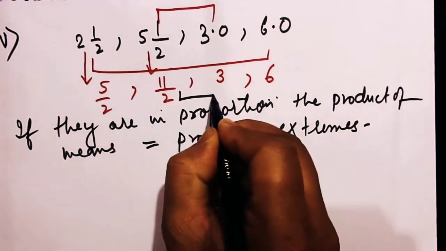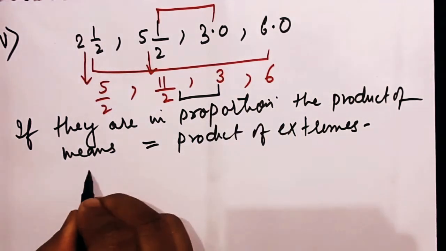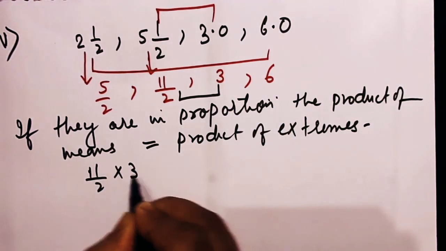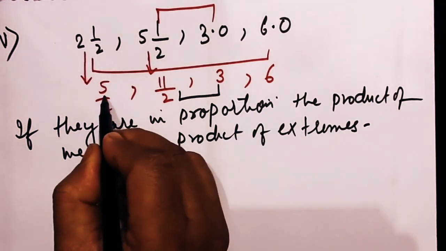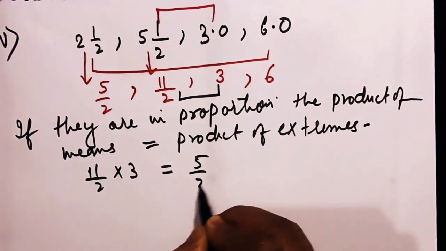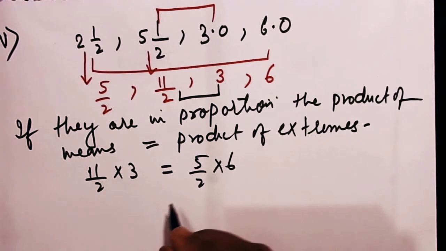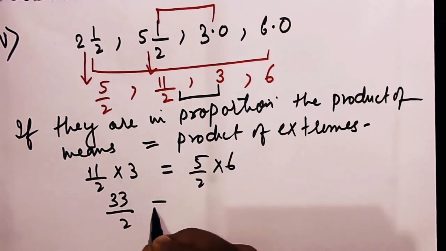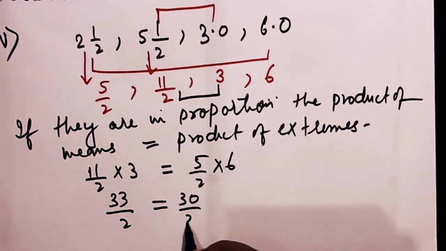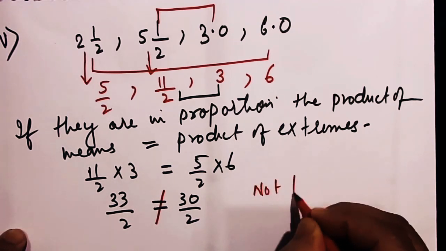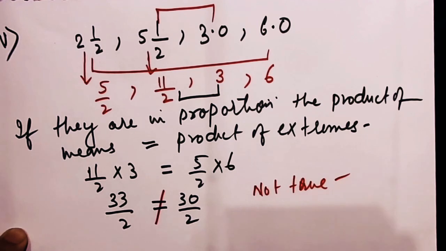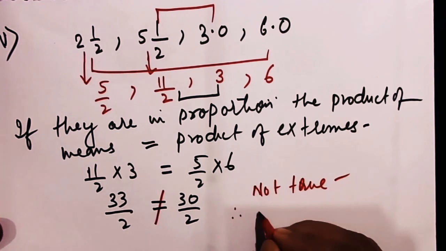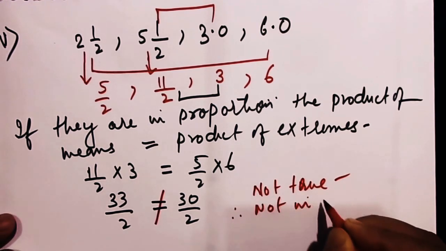Therefore, these are the two means, 11 by 2 into 3, and these are 5 by 2 and 6, the extremes. On multiplication, I am going to get 33 by 2 and here 30 by 2, and you find that they are not equal. So not true, therefore not in proportion.